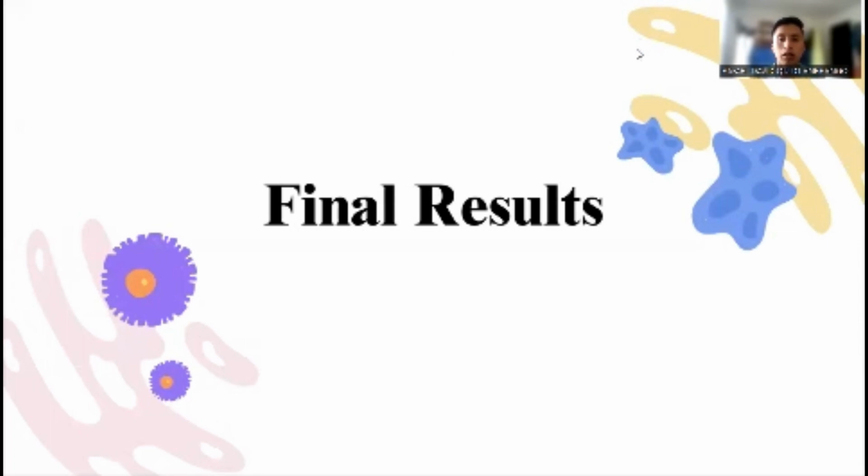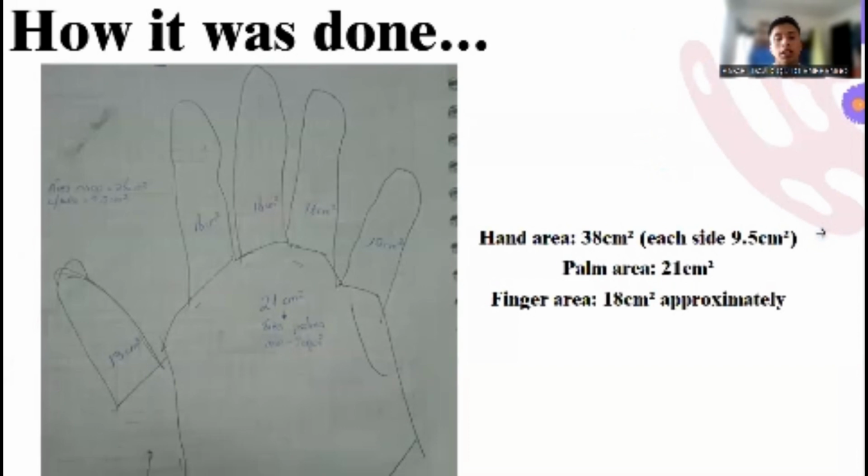Well, now I'm going to talk about the final results of the isolation. But first I want to explain the hand area, which you can see in this slide, the hand analyzed in the isolation.